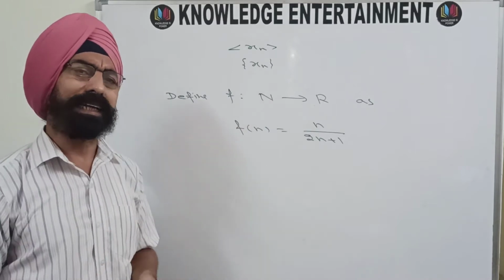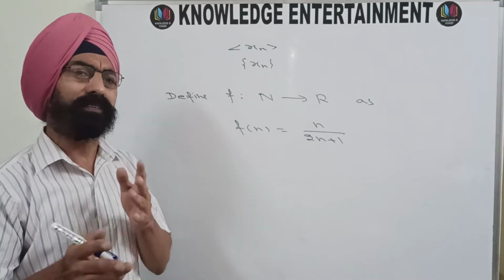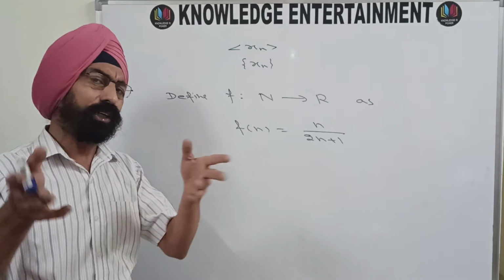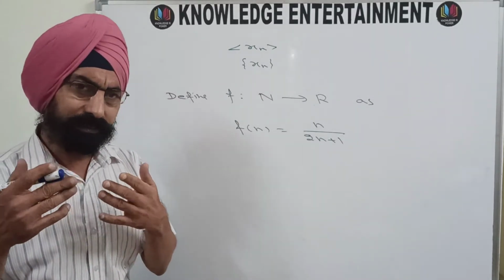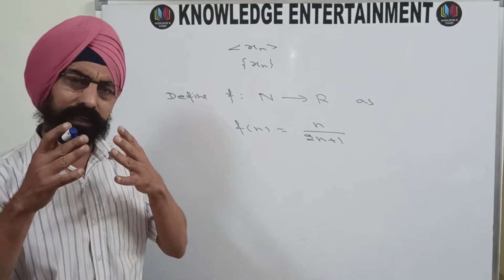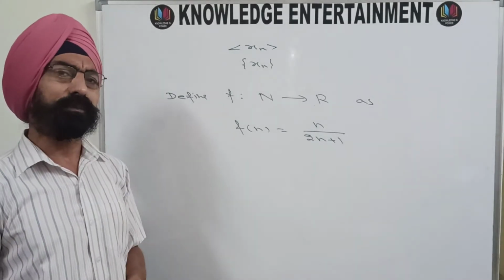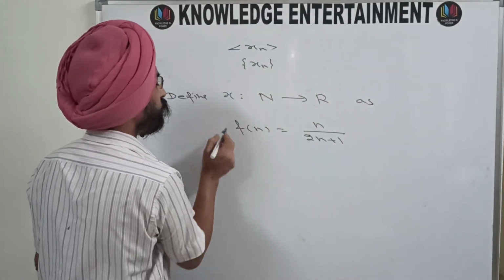It is not looking like a sequence. Why? Because we are habitual of using a different type of notation. Let us approach from this definition to your conventional notation. Normally we denote the function by f. Let me denote this function f by x. So what will be here?